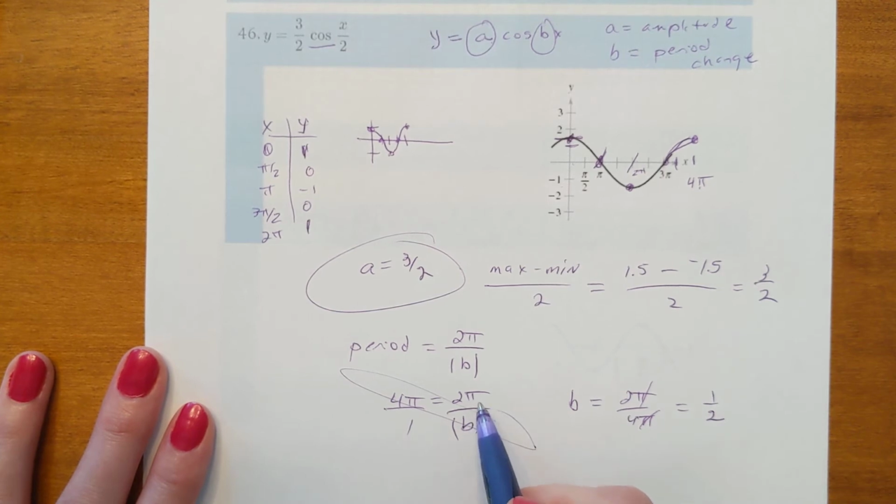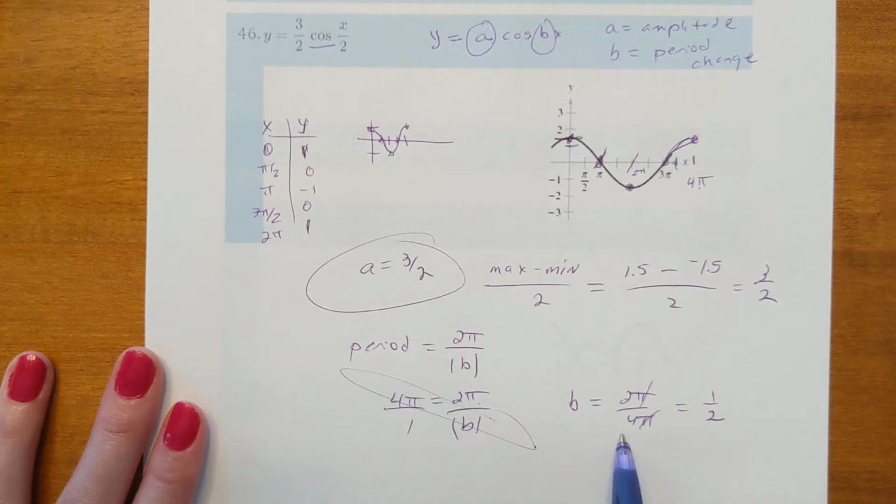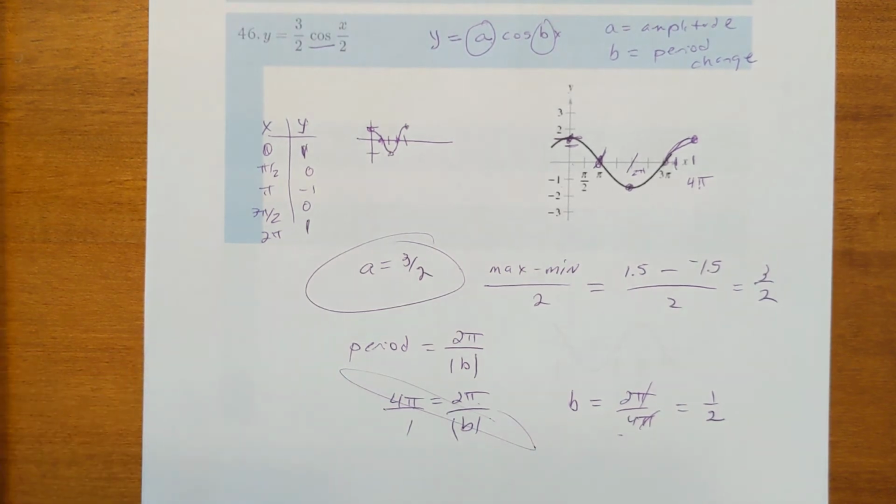The period is 2 pi over b, and the period on this function was 4 pi. Oh, we're just trying to find the b value. All right, yeah, we did it right. So the b value is 1/2.